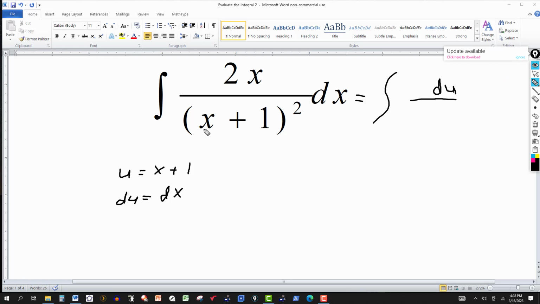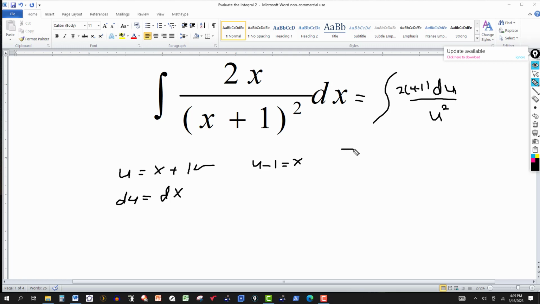The denominator x plus 1 can be replaced by u, so this will be u squared. We still have an x in the numerator, but from the equation u equals x plus 1, we can solve for x, taking the 1 over. We could say that x is equal to u minus 1. So replace the x here: this will be 2, and then the x can be replaced by u minus 1.